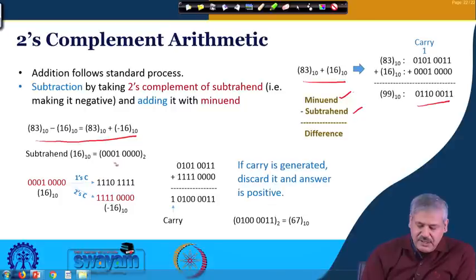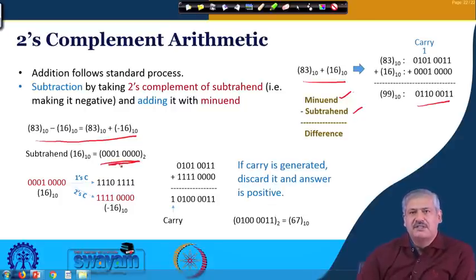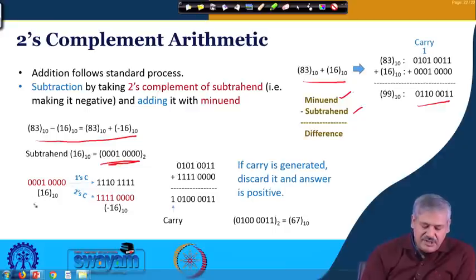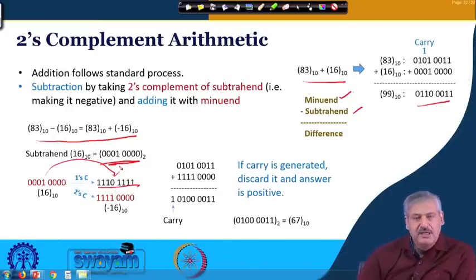So, this is the number 16 when it is positive. Plus 16, its 1's complement is this one, right. Only this one place becomes 0, rest are 1, and then you add 1 to it, it becomes 2's complement. So, this is your minus 16. So, this is the first step.